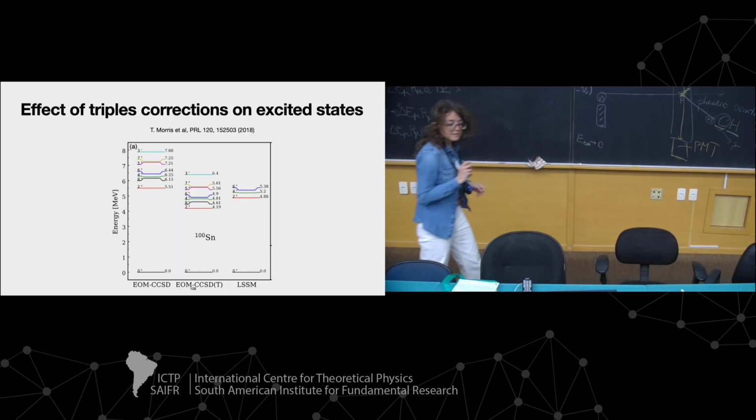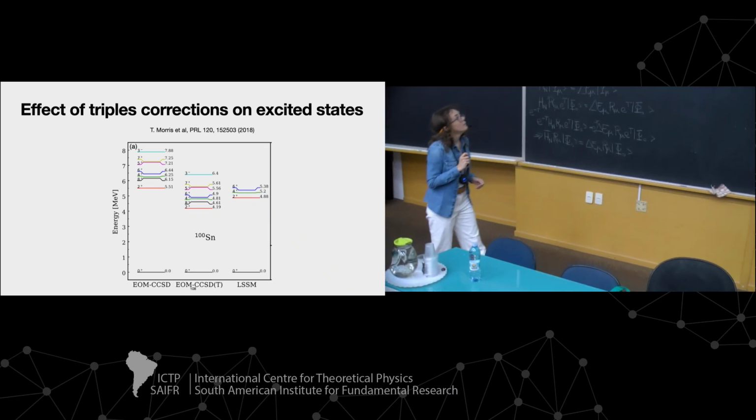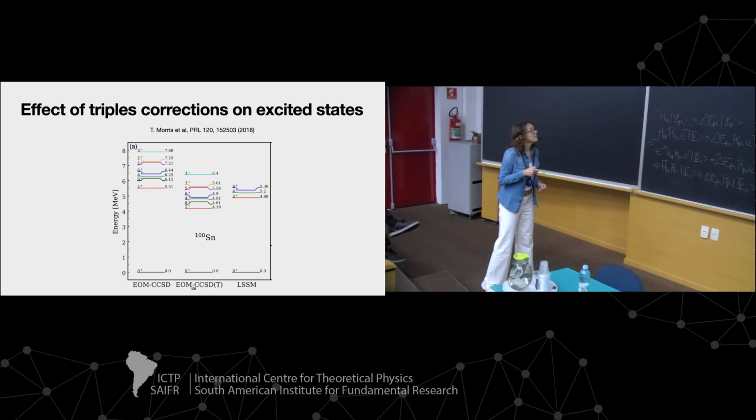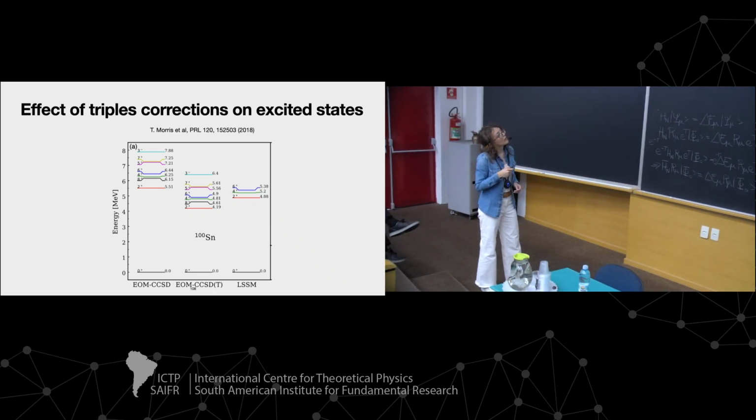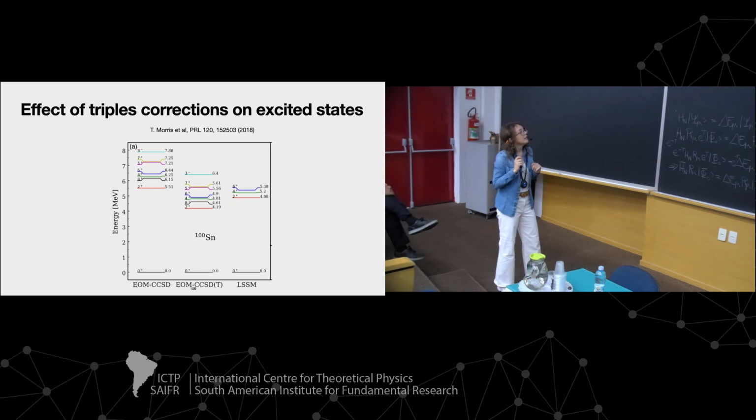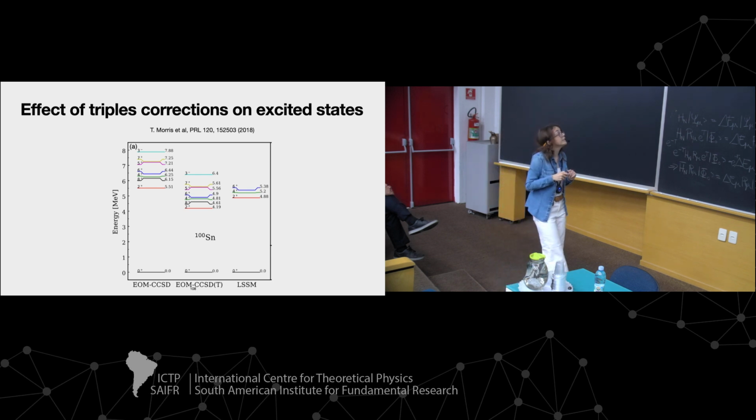And just, let's say, as a many-body note, one can also look at what is the effect of triples corrections if we include triples. I think I mentioned this yesterday when replying to a question, so I just wanted to show it. So here you see the spectrum of a very heavy nucleus, actually, 100Sn.